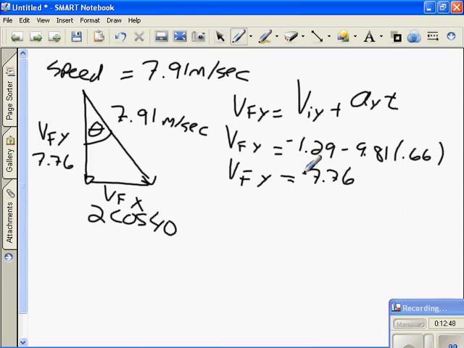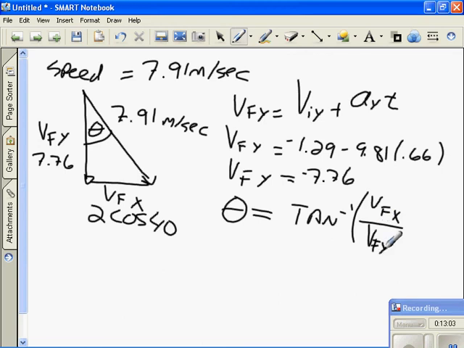And my angle, which I didn't ask for, but if I had, would have been the inverse tangent of VFX over VFY. That's to say how many degrees from the vertical.